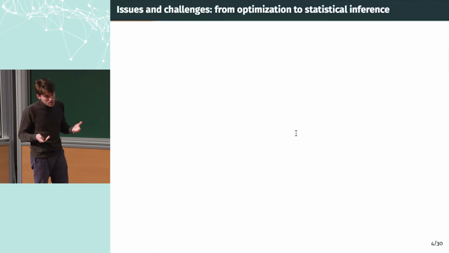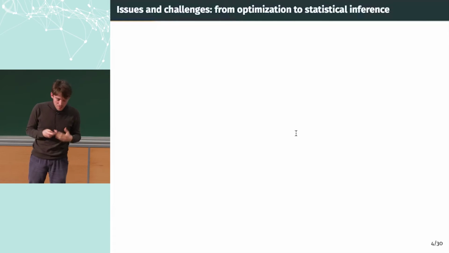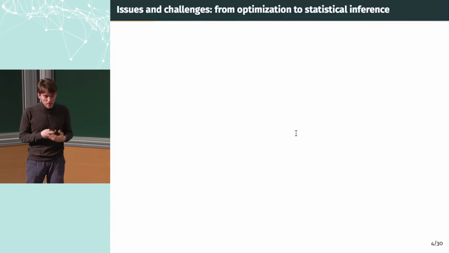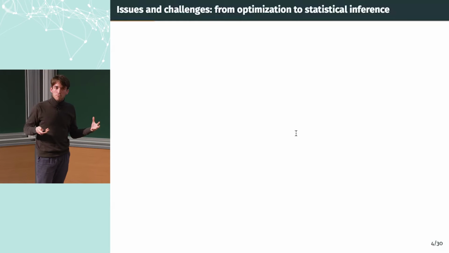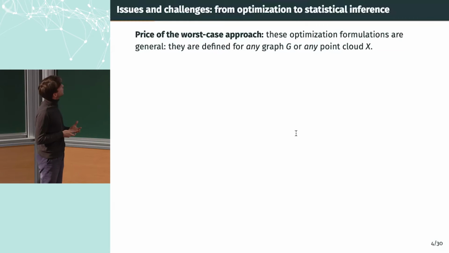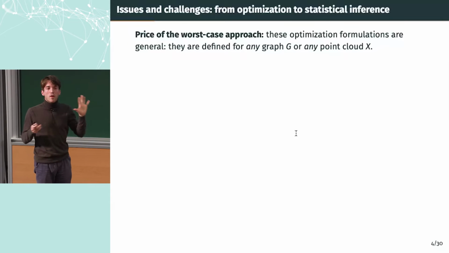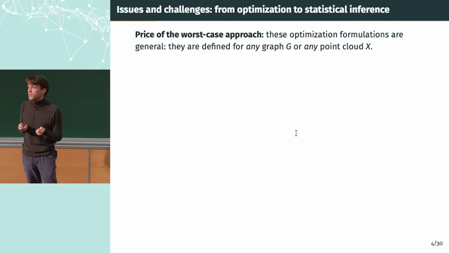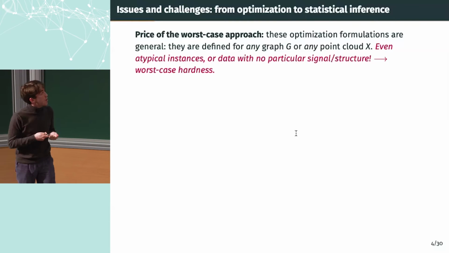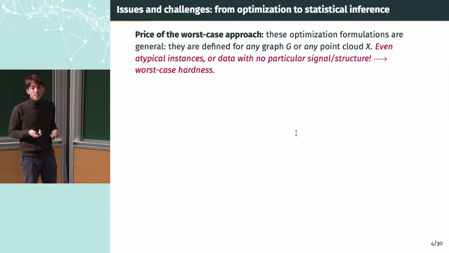And this is now what I want to emphasize. Many of these problems are difficult. I will define how difficult they are, but the thing is, they are difficult because we are defining them in all generality, in the worst case approach. Meaning that I can ask the questions I just presented for any graph, and these questions can be difficult on some of these instances, of course, because some of these instances may be atypical.